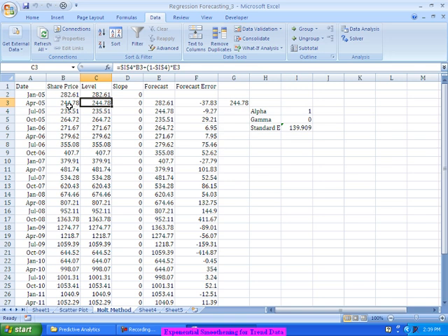So based on that, it is arriving at the alpha value. When we simplify it, it comes out that you can take the value of alpha as 1 and gamma as 0. Only in that case the standard error is coming out much lower, which is working out to 139.9.